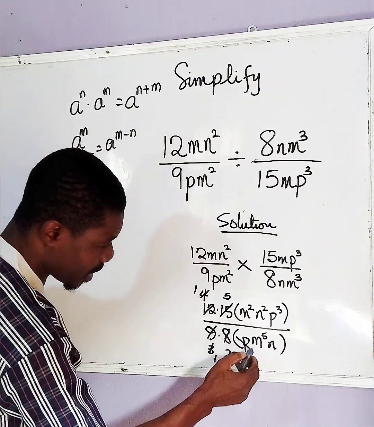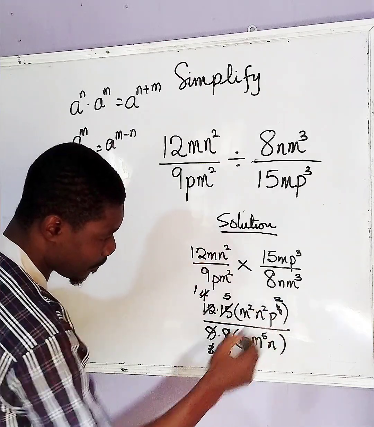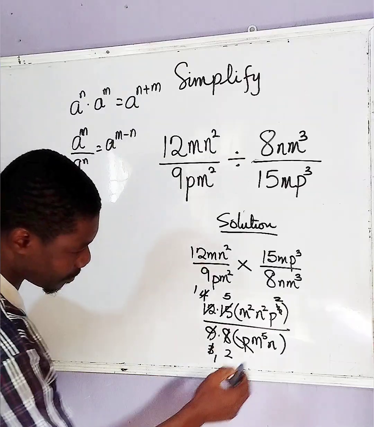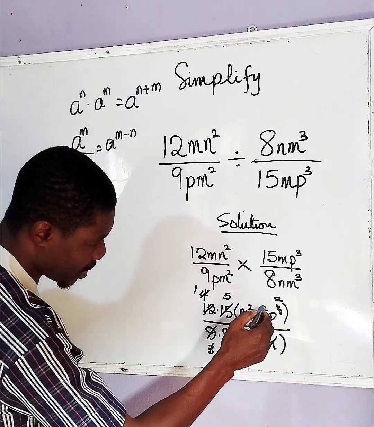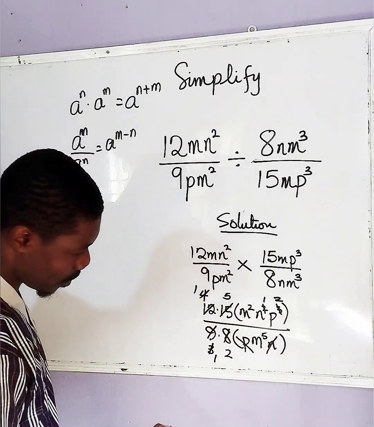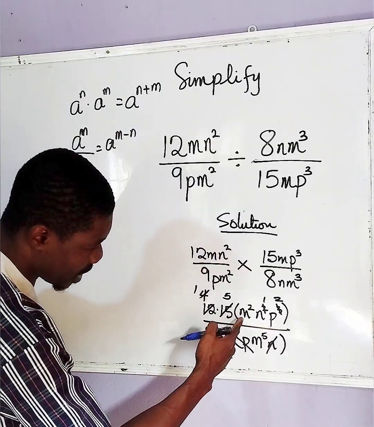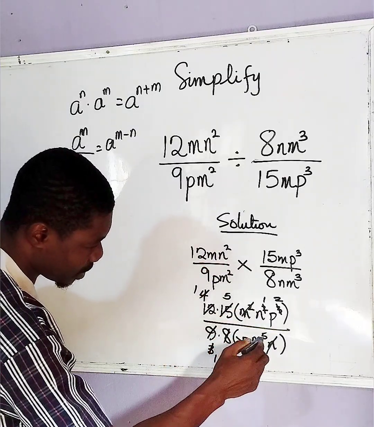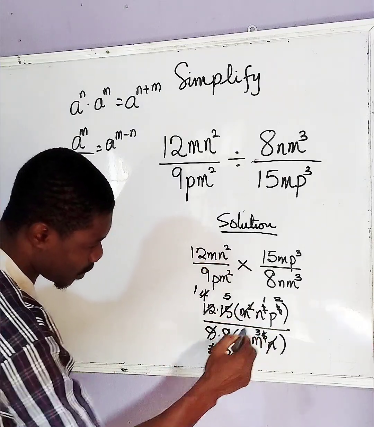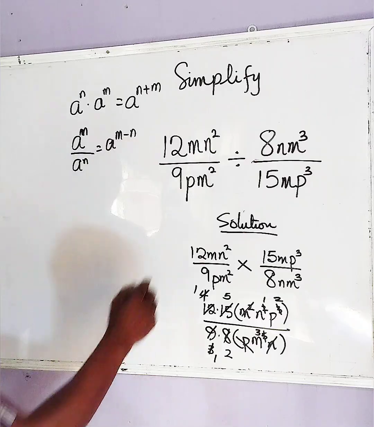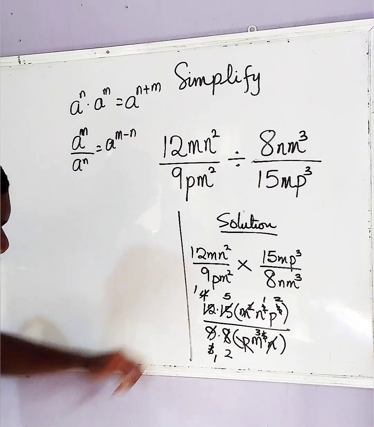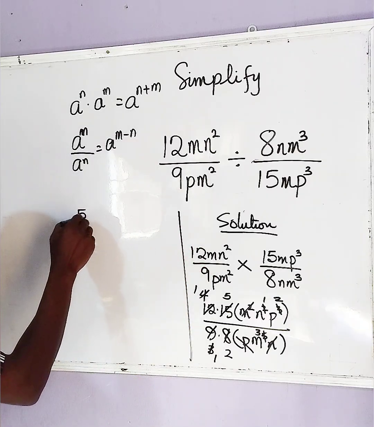So when this eliminates, here you have p raised to 2. Then this eliminates, this becomes 1. Now in this case, here we are left with 5.